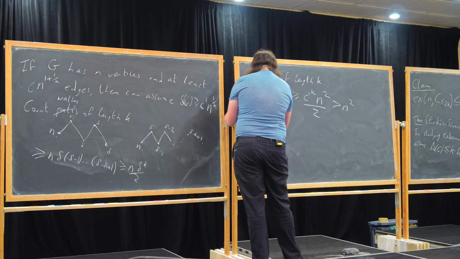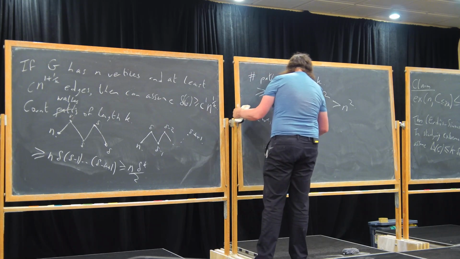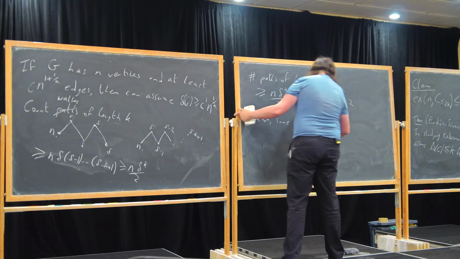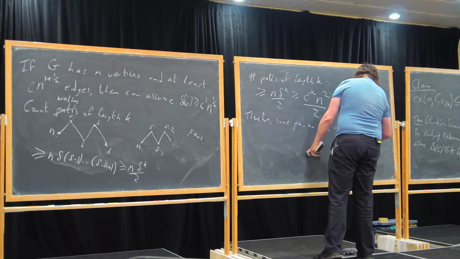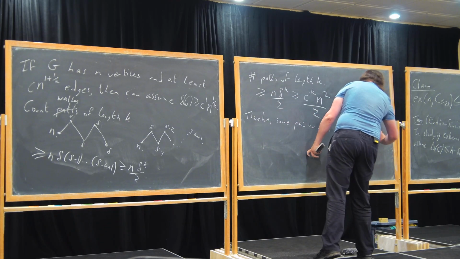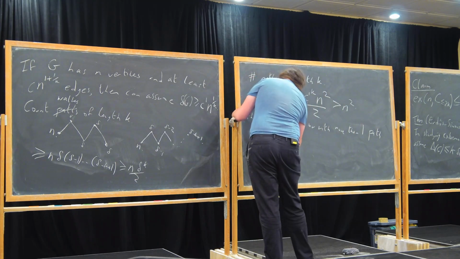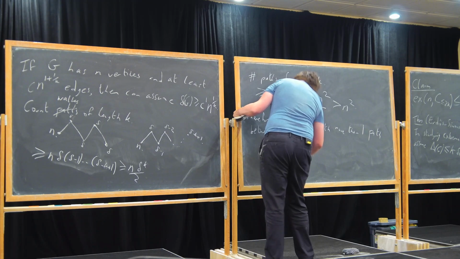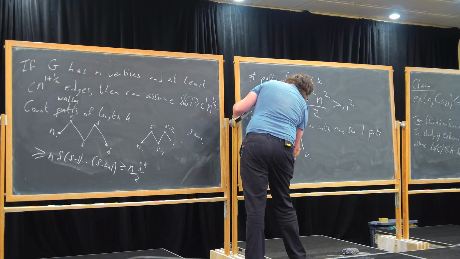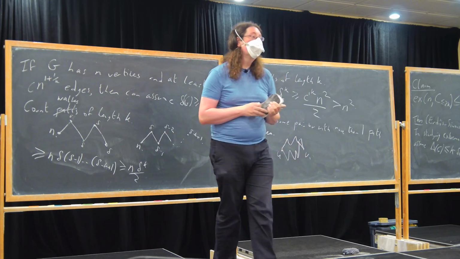So therefore, there's some pair U, V with more than one path between them. So you have U, you have V, you have a path of length k, you have another path of length k. That second path of length k might intersect the first one.